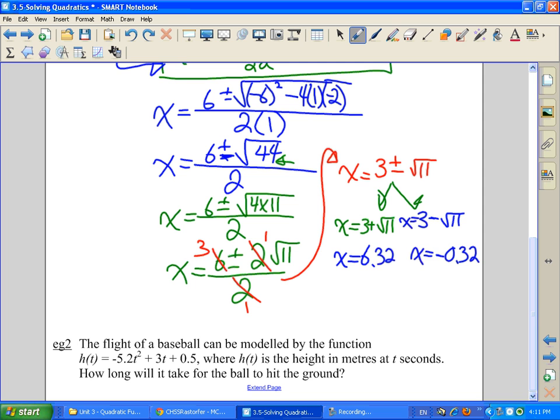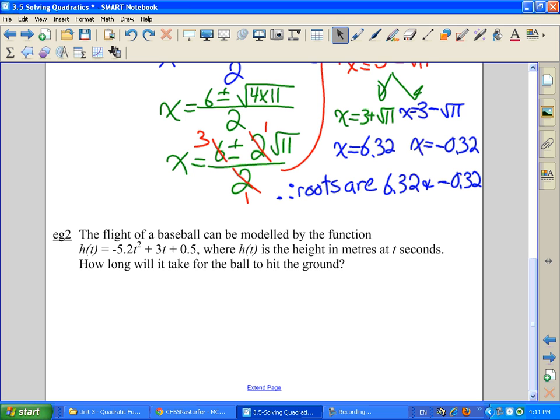So therefore, the roots are 6.32 and negative 0.32. In this case, guys, you wouldn't be able to find any factors, and whenever you get a decimal answer, you could easily tell that you can't factor.